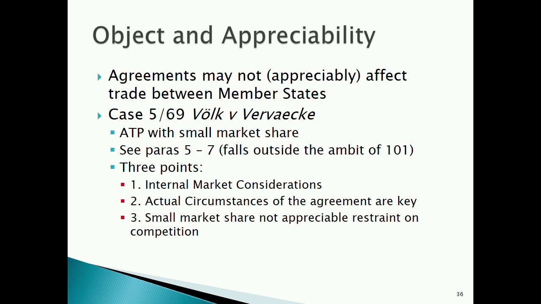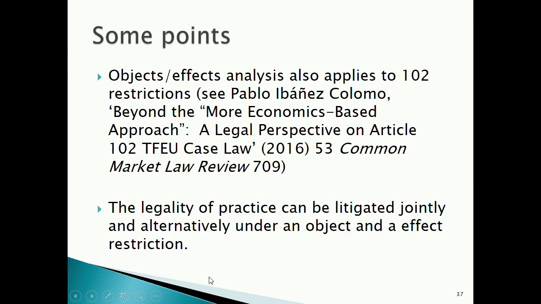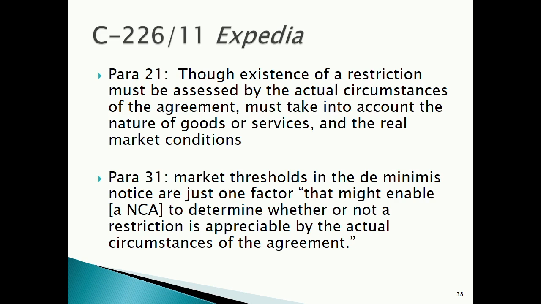Okay? So if it's not an appreciable effect, then we don't worry about it for European law. Another point here, object and effects also applies to one of two restrictions. That's well brought out in the Generics UK case, and we'll talk about it. And you can obviously litigate it jointly and alternatively as that.